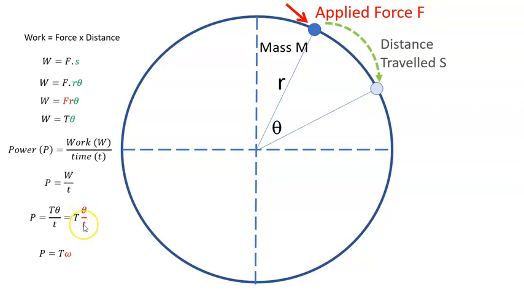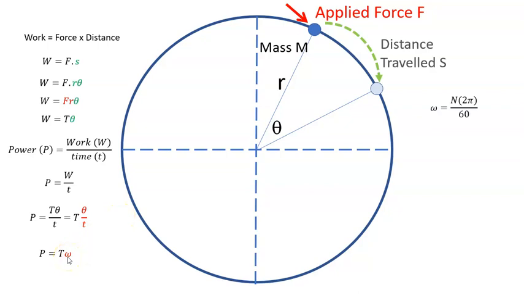And radians per second is angular velocity. And we can change theta over T to omega, where omega is the angular velocity measured in radians per second. So the power is equal to torque times the radians per second.